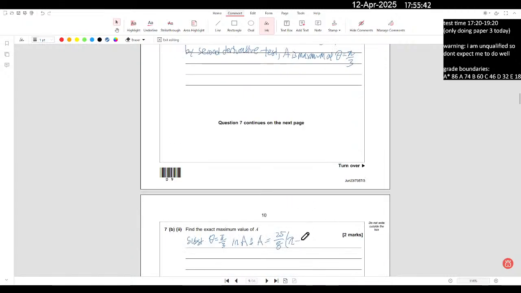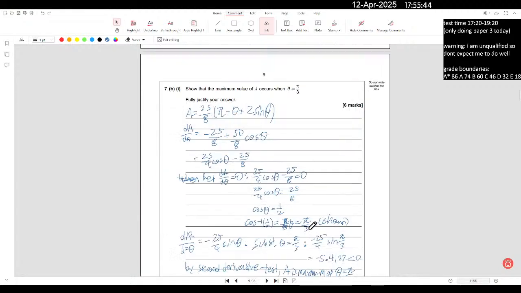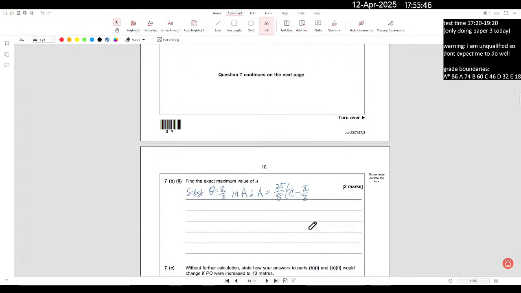Pi minus pi over 3 plus 2 sine pi over 3. Oh, okay, but they want the exact maximum value, so the exact value of sine pi over 3 and so on.